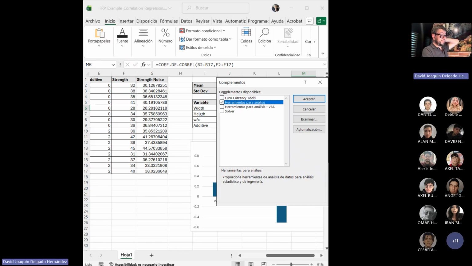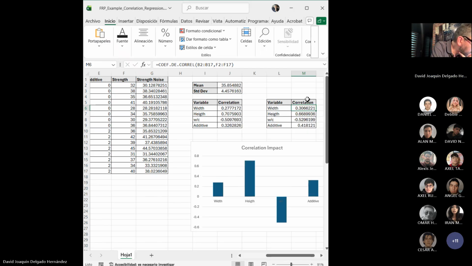So again, it is in File, Archivo, Options, Opciones, Add-ins, Complementos, Analysis Tool Pack, which is Herramientas para Análisis, and you put Accept, Activate. You should have this in order to carry out more exercises, okay?